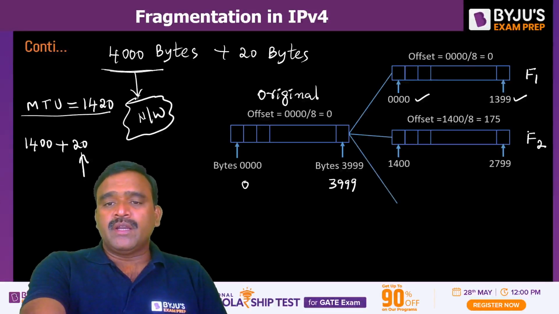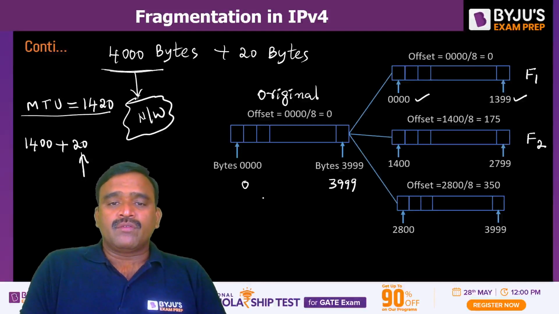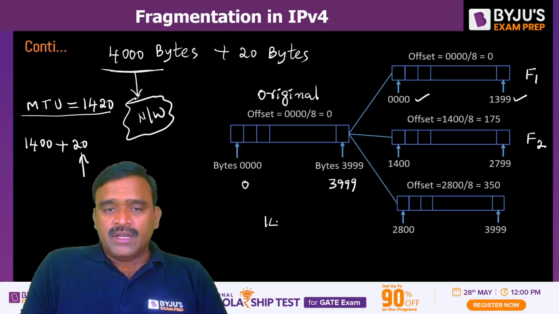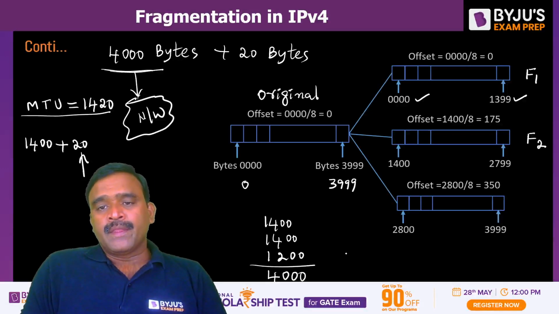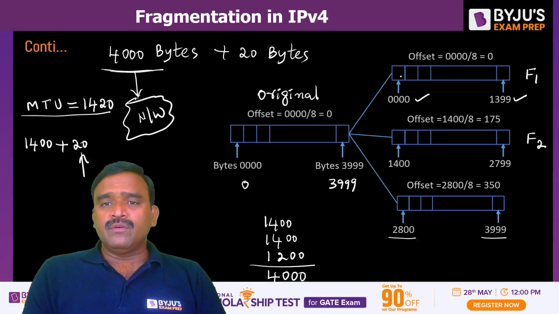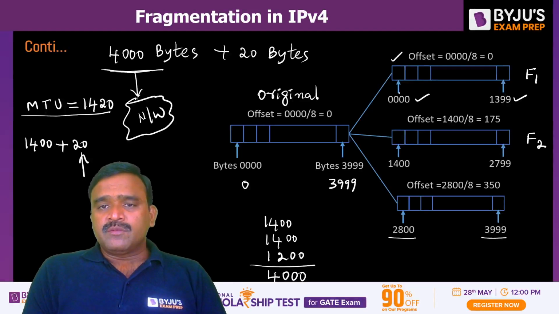And the third fragment will have the remaining. Out of 4000, 1400 is covered in the first fragment and 1400 in the second fragment, total 2800. The remaining is 1200, numbered from 2800 to 3999. And the offset value: what is the first byte ID? 0.